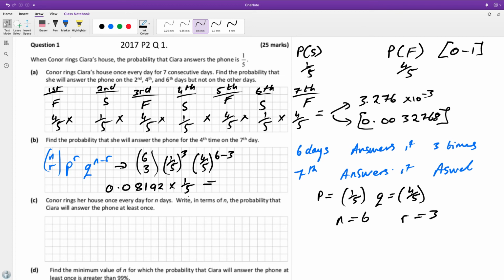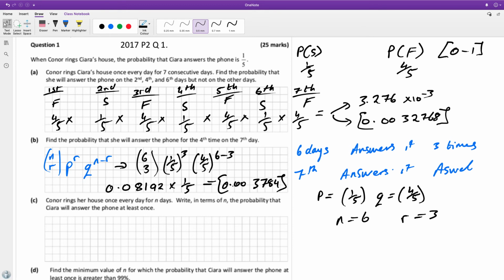We get 0.003784. And that's your answer. My recommendation is give it in decimal form. Alright, so probably give it in decimal form instead of giving a big fraction.